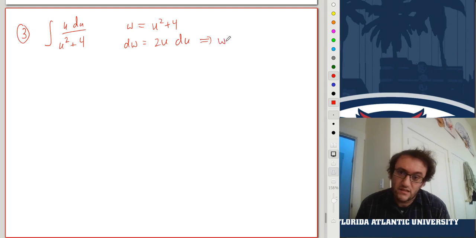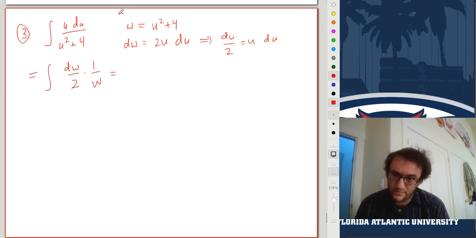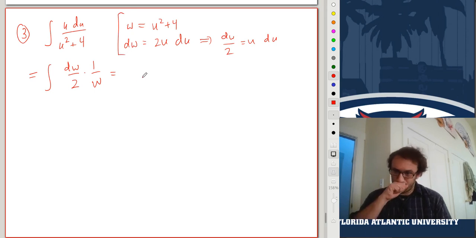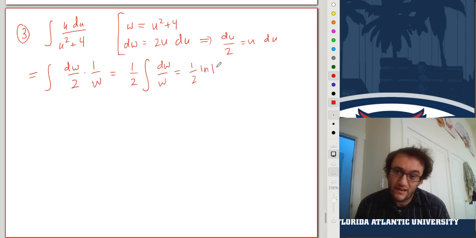This gives us dw over 2 equals u du. And now this becomes integral of dw over 2 divided by w, or times 1 over w. And this is 1/2 the integral of dw over w, which is 1/2 ln absolute value of w plus c.